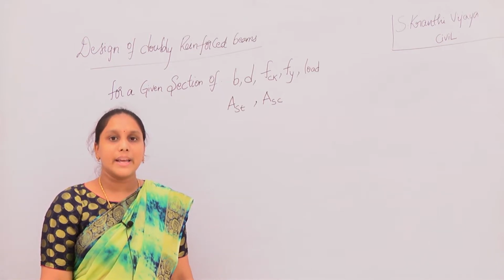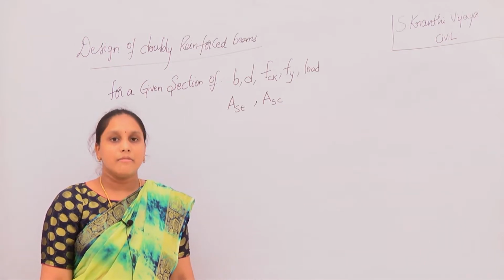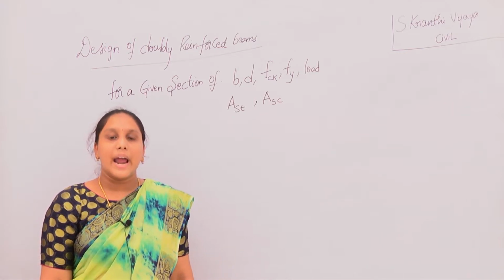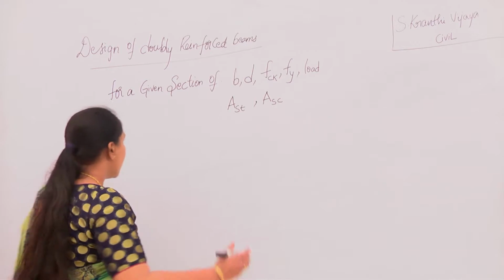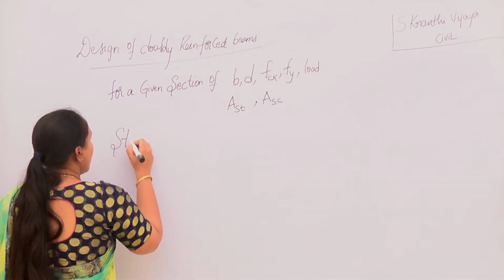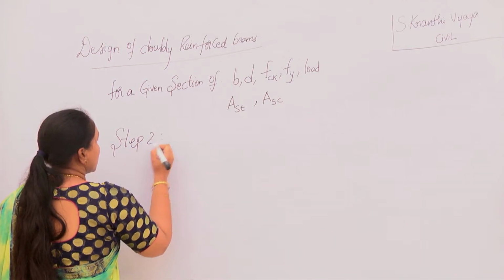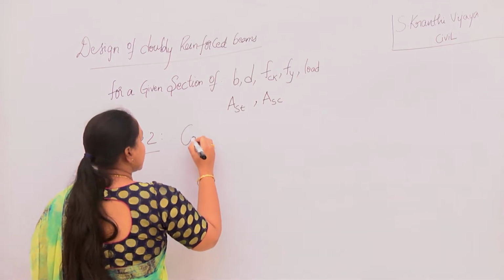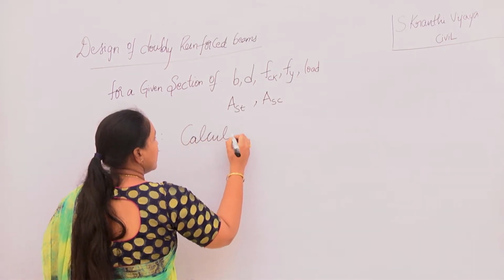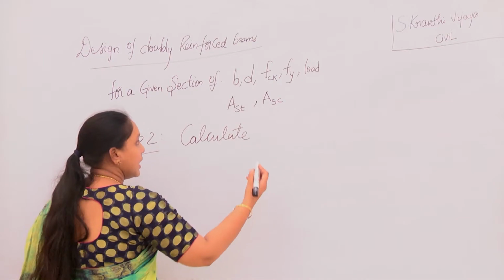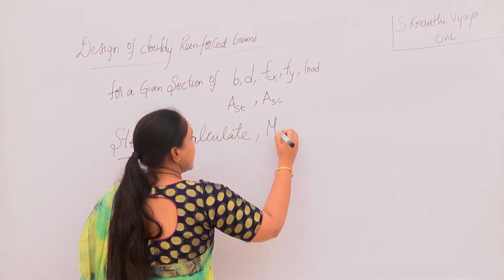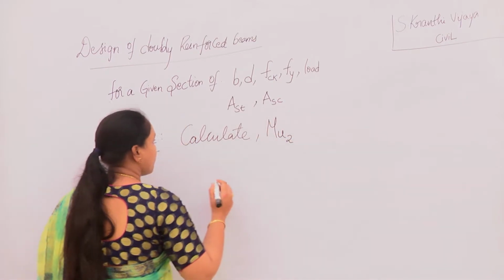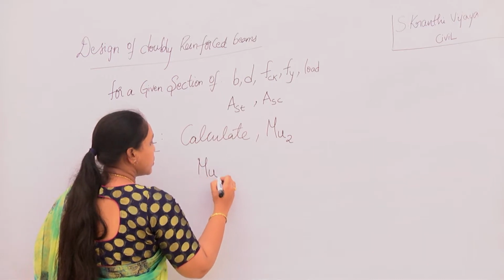In the next step, that is the second step, we will find out MU2, that is the additional moment. So step 2 is to calculate the additional moment MU2. How will you calculate MU2?